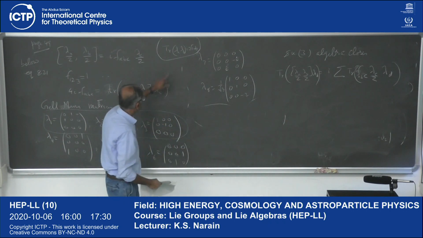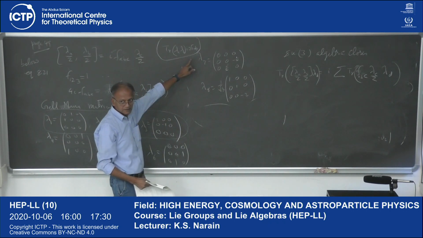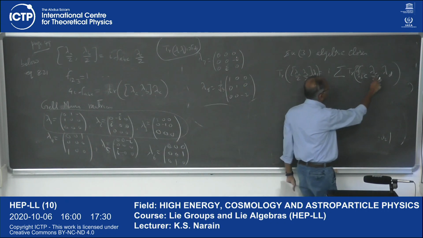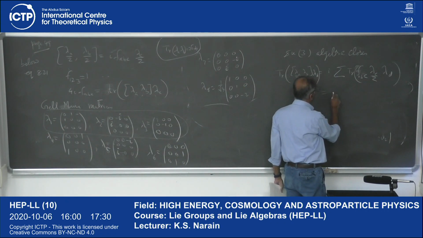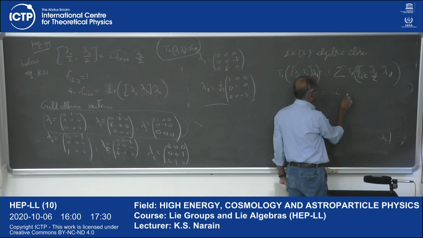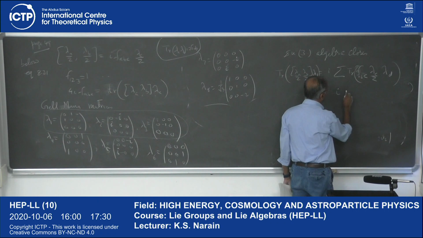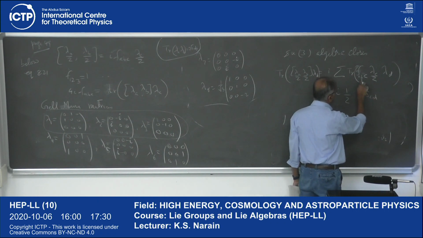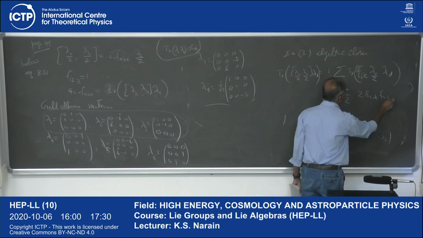Now use this equation for the trace of lambda A, lambda B, as expressed here. So this gives you 2 delta CD. So this is the same as i times 1 over 2 times 2 delta CD. Of course, these are the numbers F_ABC.